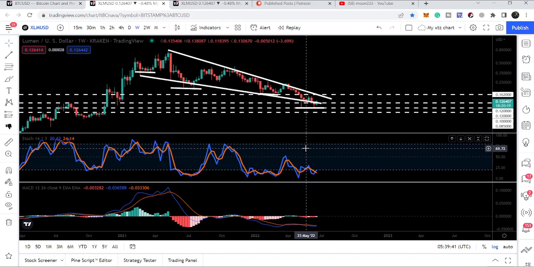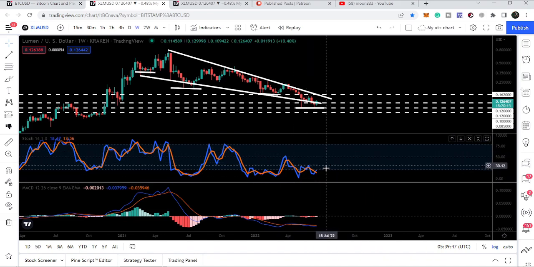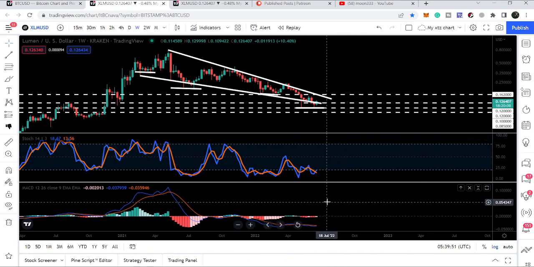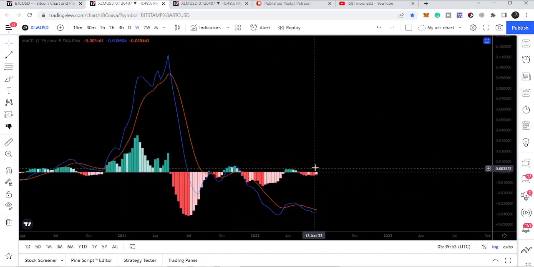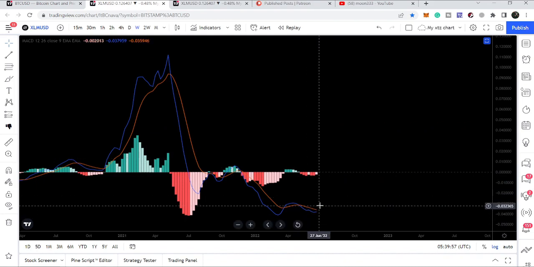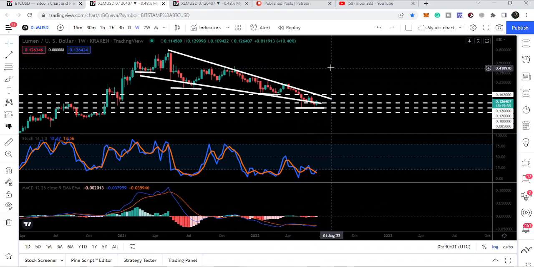Not as powerful a bullish divergence as we had on Zelica's chart, but we have it. In fact, we have a bullish divergence on this weekly time frame chart of Stellar Coin, and you can see that MACD has started turning bullish once again, and soon it can also give us the bull cross from this very extreme oversold value. So this was the update so far.